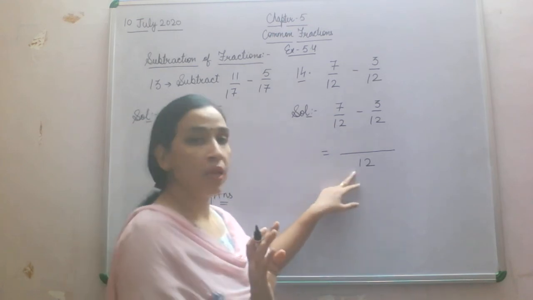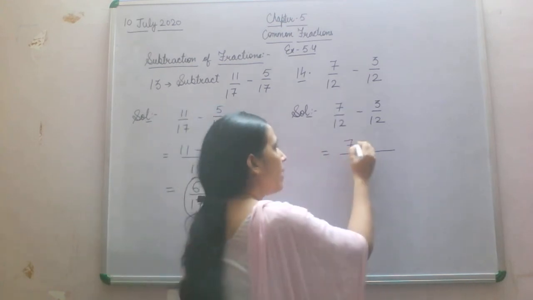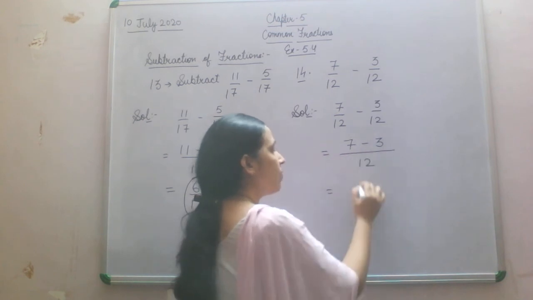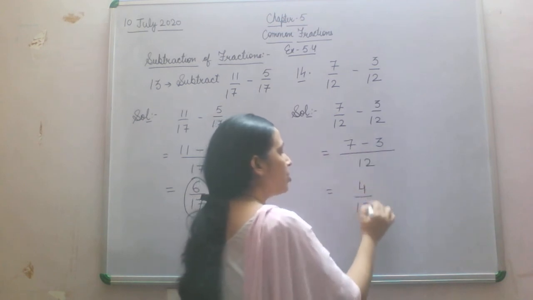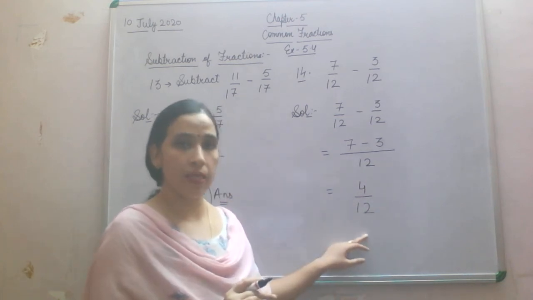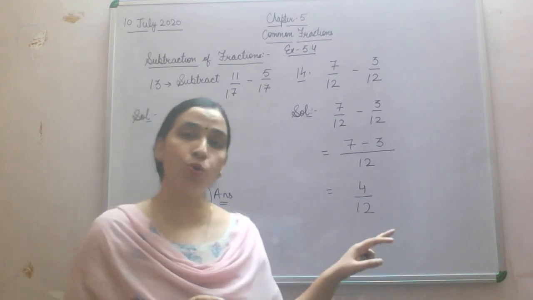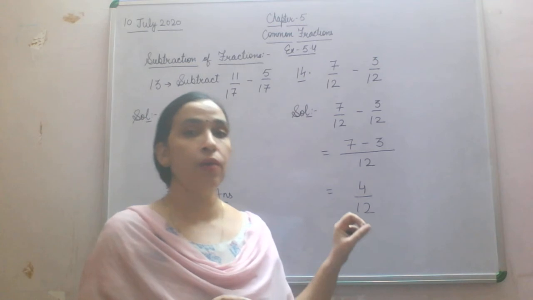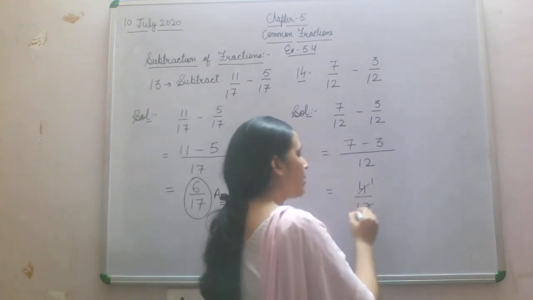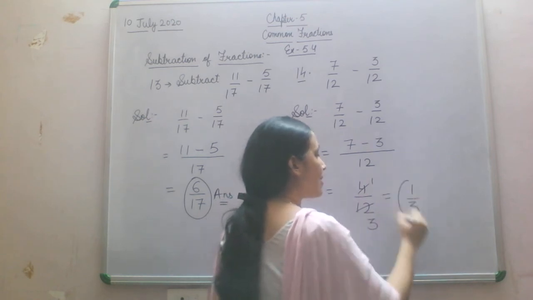After that, we will subtract the numerators. 7 minus 3, what will we get? 4 by 12. Now can it be reduced into lowest term? Yes, you can reduce it by dividing by 2 or by dividing by 4. So let's do the division here. 4 1s are 4 and 4 3s are 12. So we will get 1 by 3 as the answer.